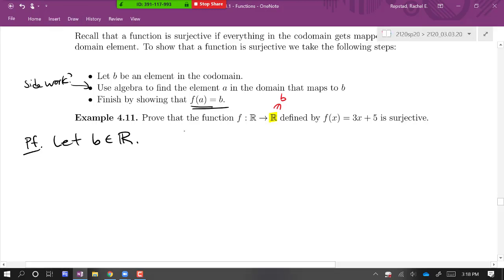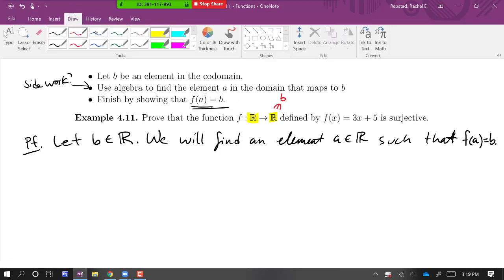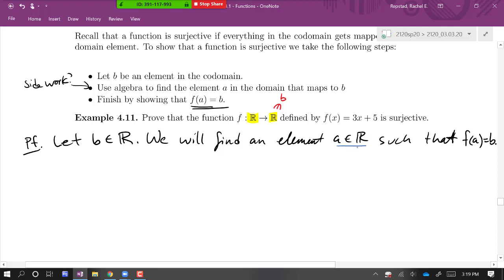We will find an element A in the domain such that f of A equals B, A being in the reals because that is the domain.